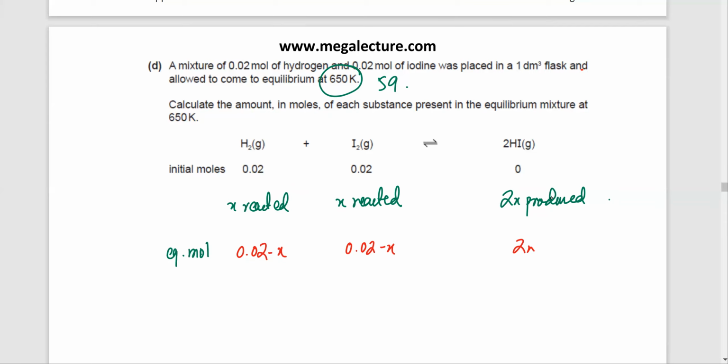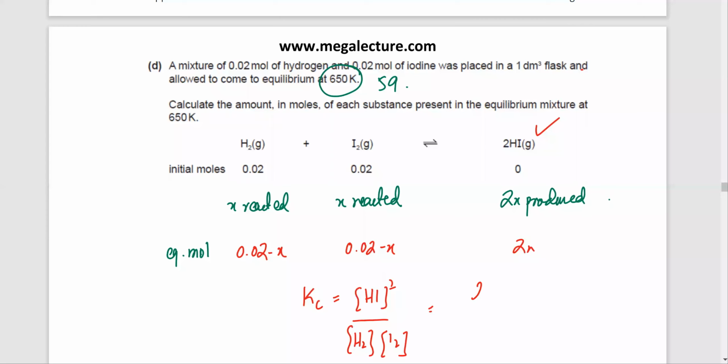And then you're going to just use the Kc expression. The Kc expression is going to be HI concentration product over reactants. So HI concentration would be squared and divided by the H2 concentration and I2 concentration, and they're going to have power 1.